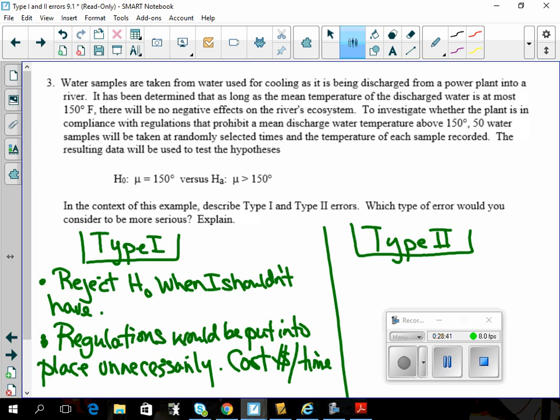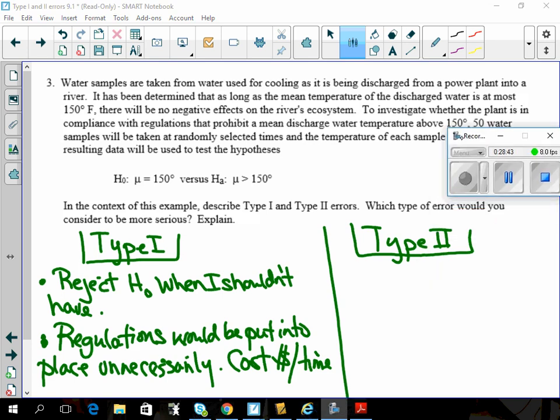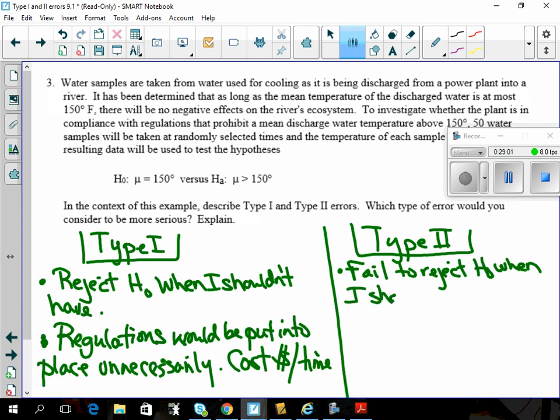How about a type 2 error? What's happening here? So not in context, it's going to be when I fail to reject when I should have, right? How about in context? What's happening?